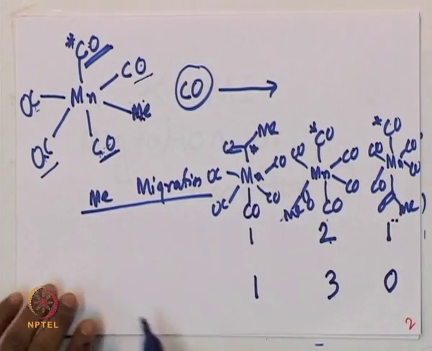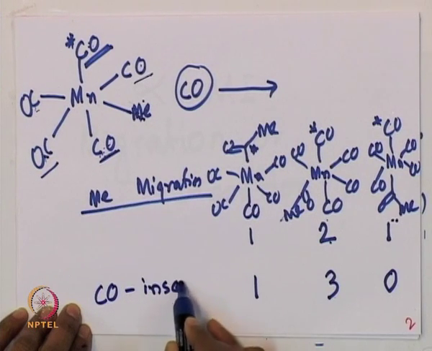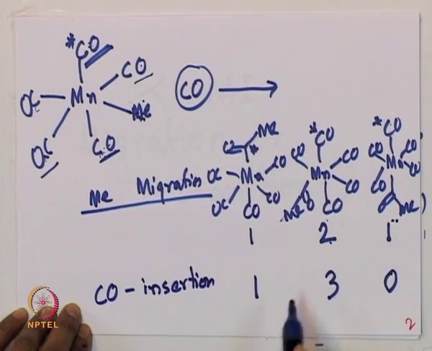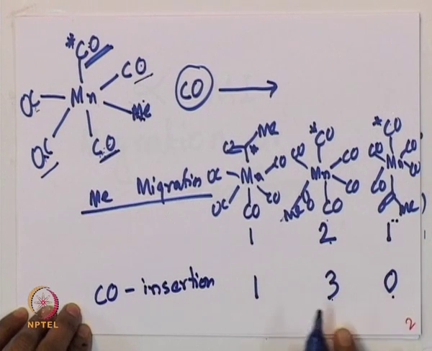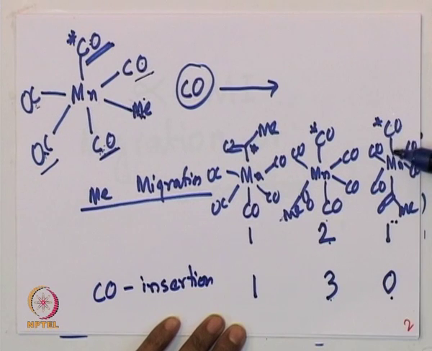So, the product formation pattern for CO insertion is going to be 1:3:0. That means the product where the labeled CO is in the axial position and the COMe is opposite to it is not going to be feasible if CO insertion is happening.